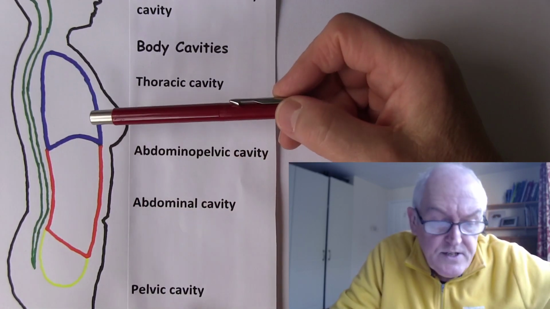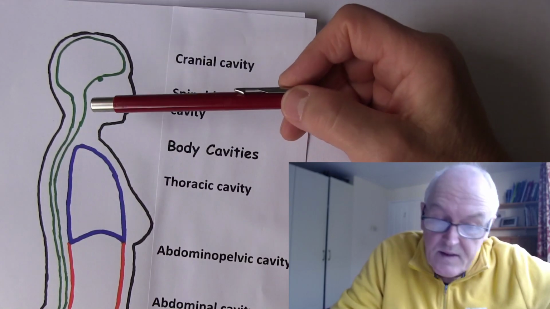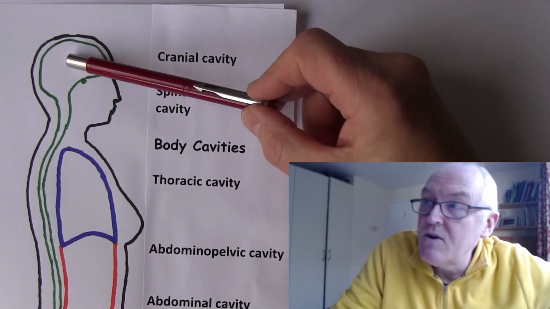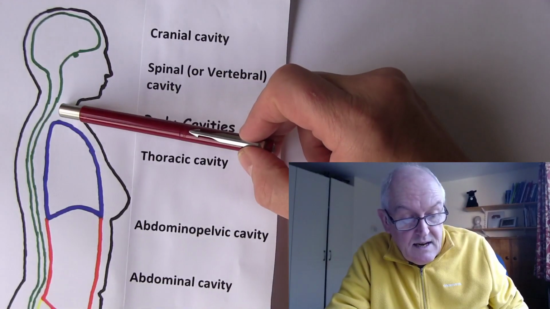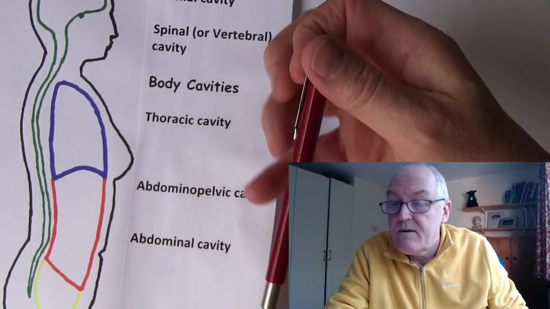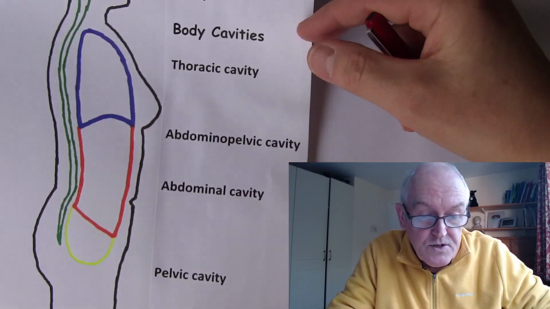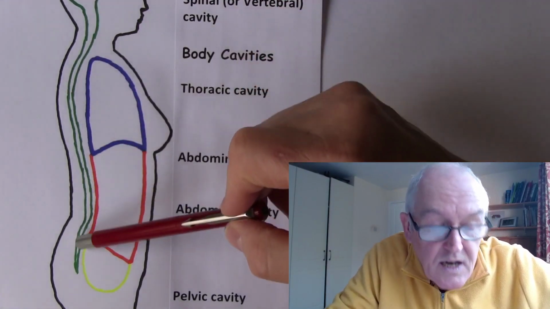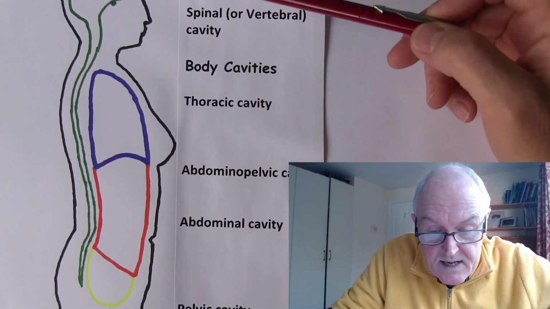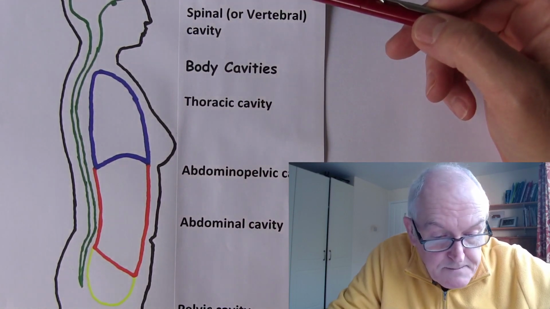But we also notice that there's cavities at the back, and we notice that there's the cranial cavity continuous with the vertebral cavity going down here, housing the spinal cord. So the brain is in the cranial cavity, the spinal cord and the large spinal nerves in the vertebral or spinal cavity.